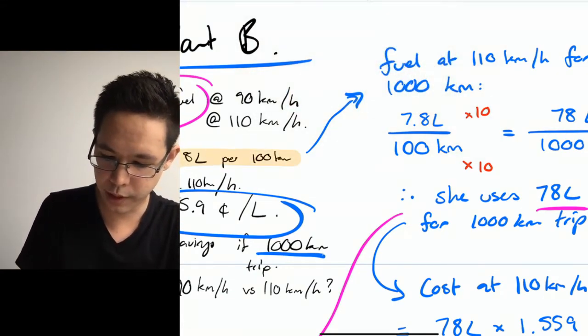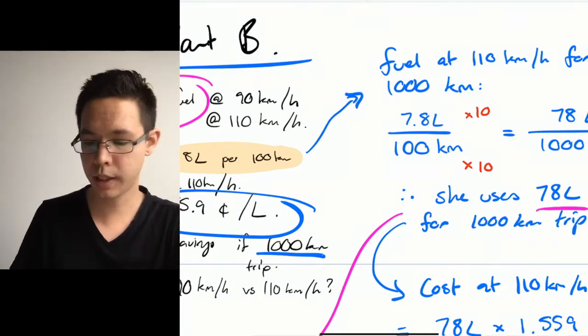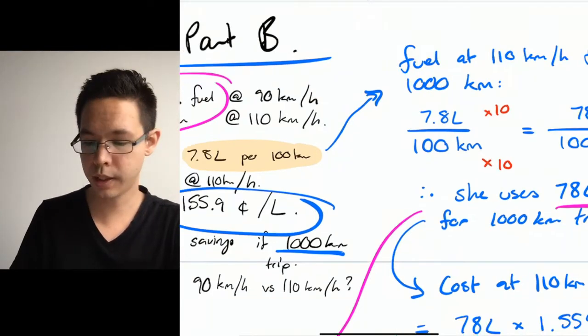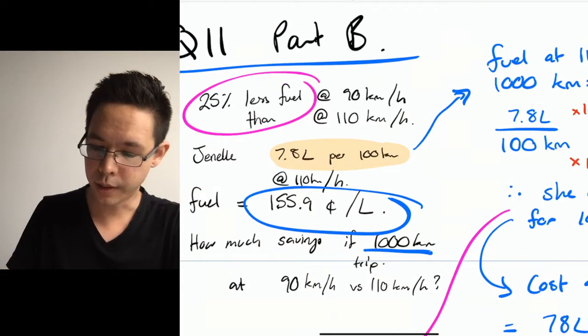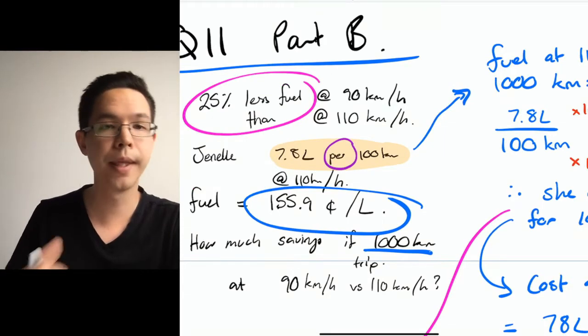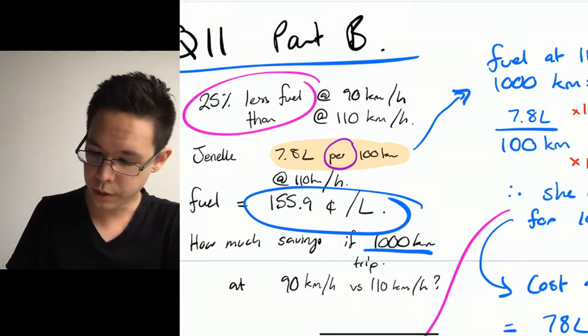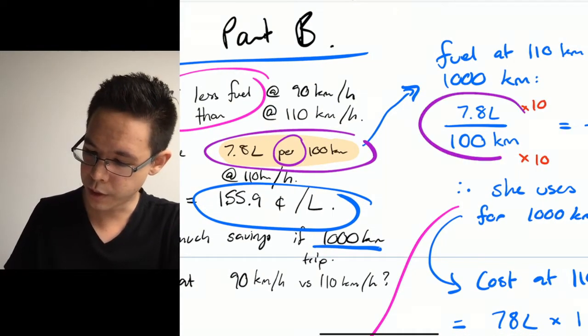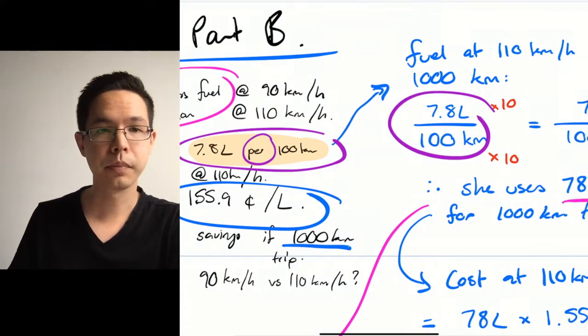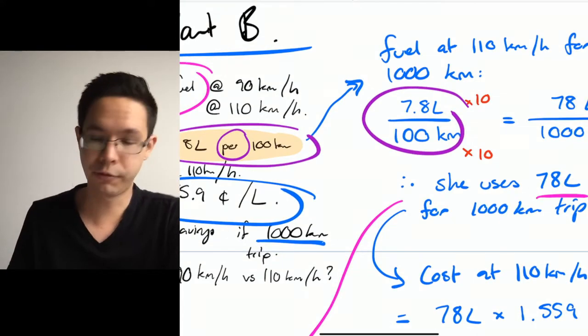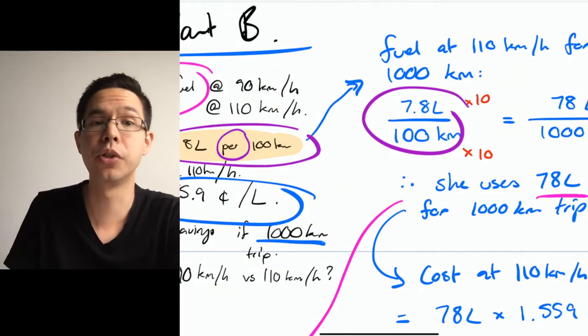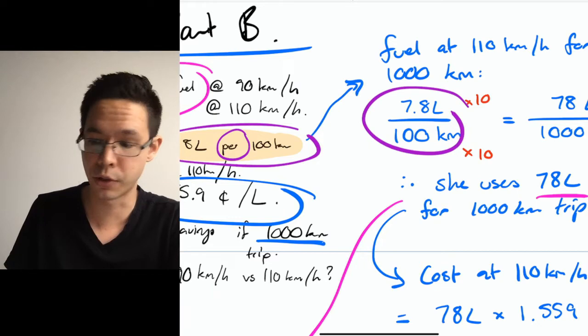I saw this line here, in the English, the way it's written on the exam paper, and I know that when you see the word per, that means divide, or also means a fraction. So I used that to turn it into that, and then from there I could see, if I just want to find out how much fuel she uses for a 1,000 kilometer trip, then I just need to scale it up.